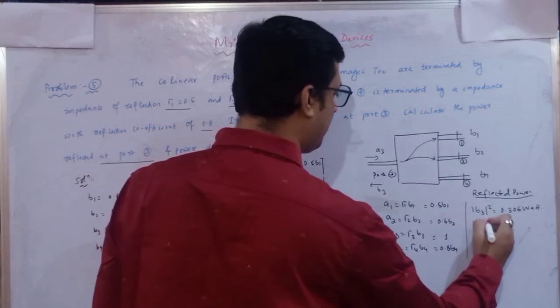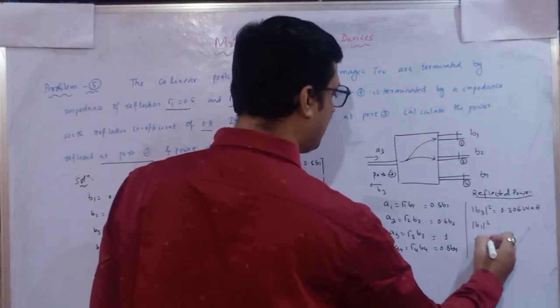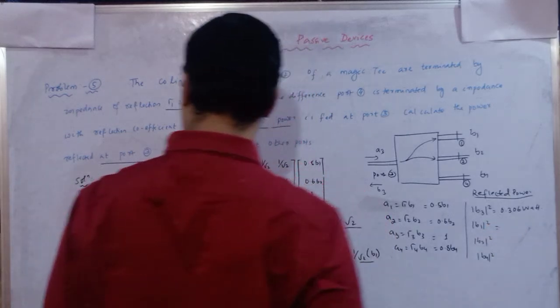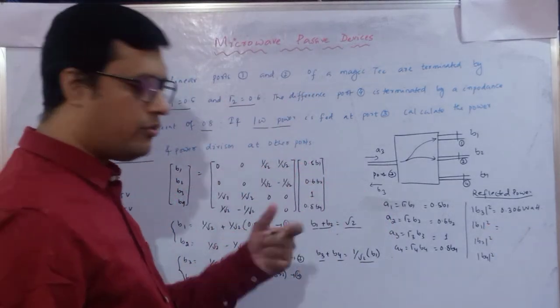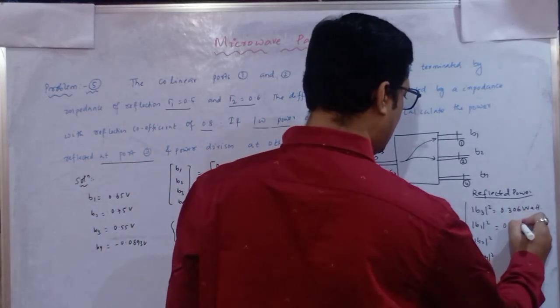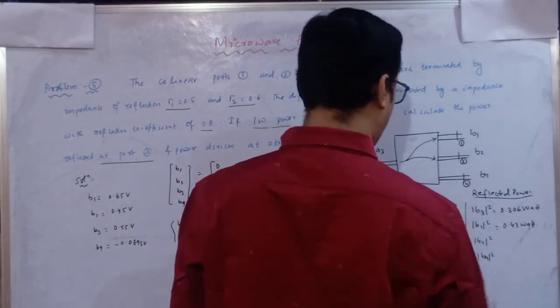Okay. Similarly, the power at the other ports is mod of B1 squared, mod of B2 squared, and mod of B4 squared. So B1 is 0.65, square it, you will get around 0.43 watt. Okay.